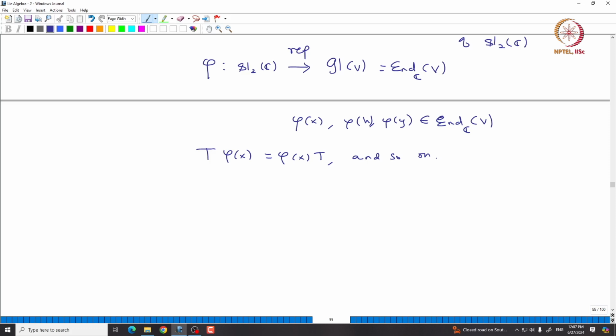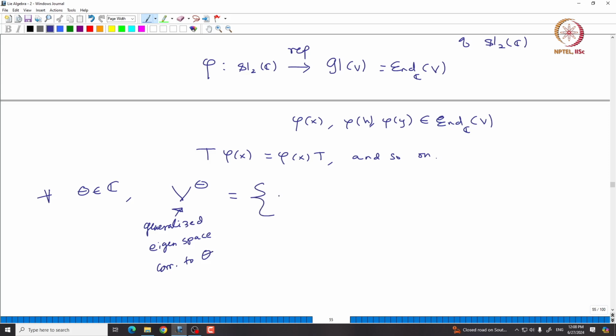So one can immediately talk about the primary decomposition of this V with respect to T. One can talk about generalized eigenspaces and write V as a direct sum of generalized eigenspaces. Let us recall, for a given theta in C, we can define what is called V theta, the generalized eigenspace corresponding to theta.